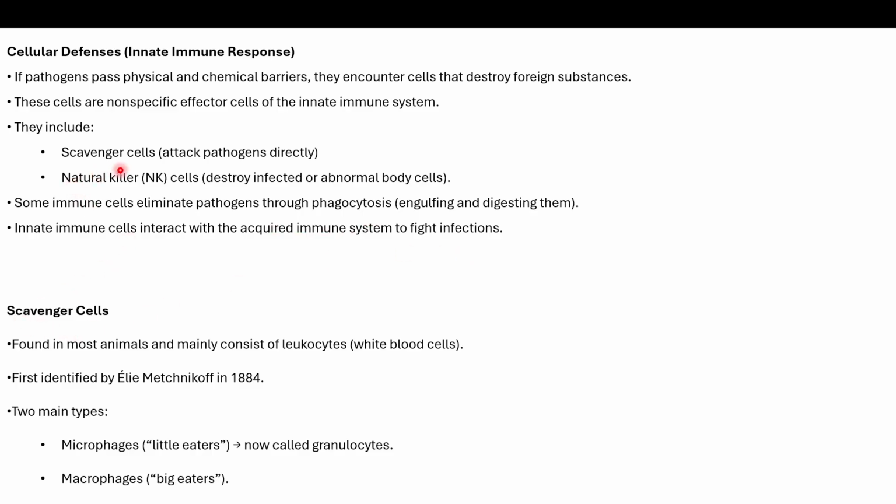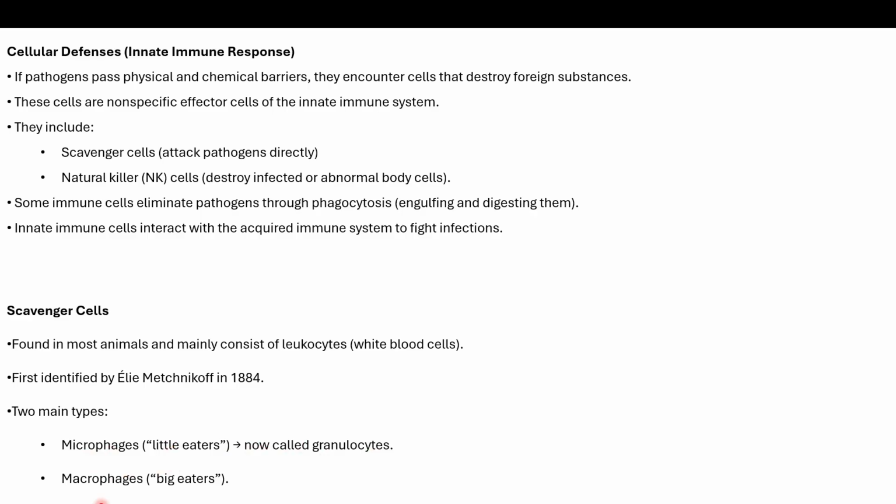So, if we talk about the scavenger cells which attack the pathogens directly, these are found in most animals and mainly consist of leukocytes or white blood cells. It was actually first identified by Mechnikov in 1884. And again, scavenger cells are further divided into two types based on size. One is microphages, little eaters, which are also called granulocytes.